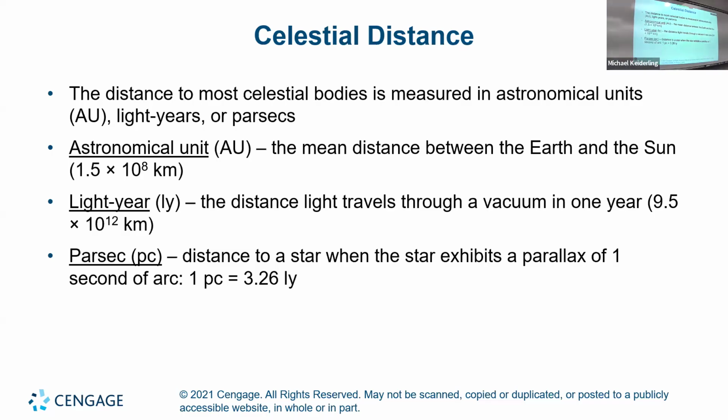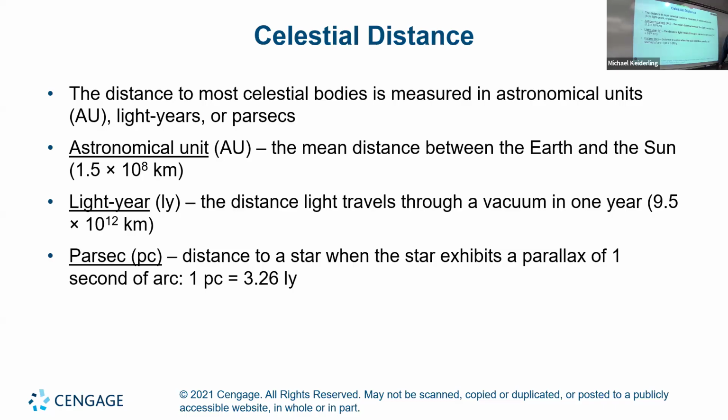The next distance we tend to use is light years. This is the distance that light travels in a vacuum in 1 year. This has the added bonus of telling how long into the past we're looking. So if something is 4 light years away, the light coming to us from it left it 4 years ago.